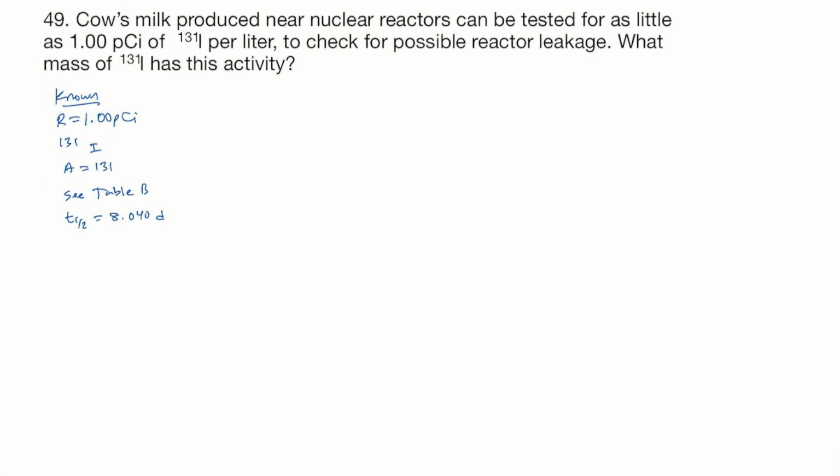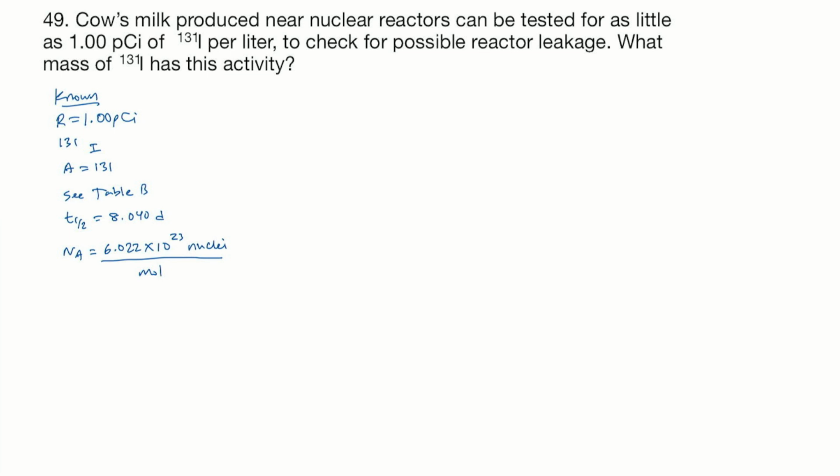All right, we know Avogadro's number is 6.022 times 10 to the 23, and we will use nuclei per mole. Okay.